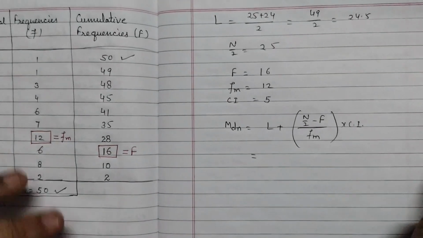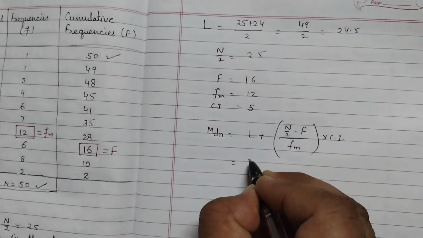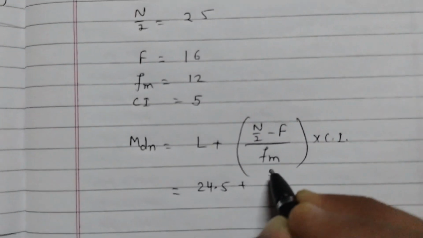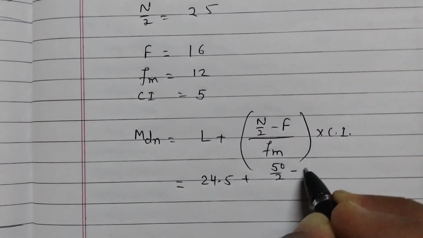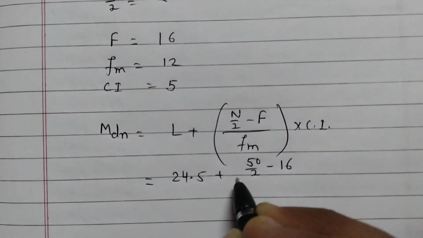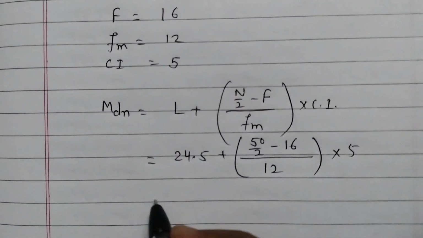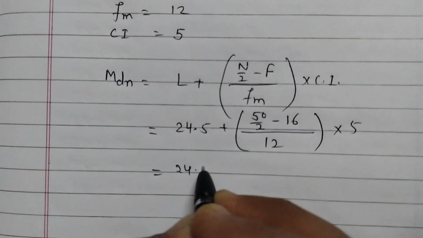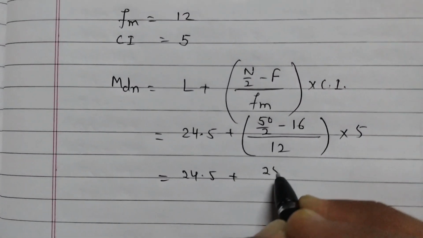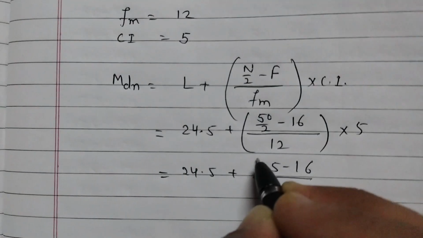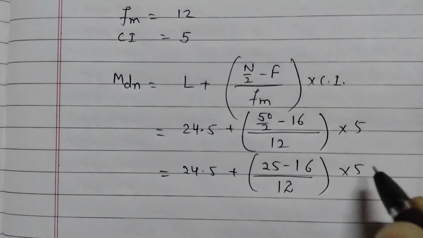Substituting all these values, we have 24.5 plus 50 by 2 minus 16 divided by 12 multiplied by 5, that is 24.5 plus 25 minus 16 divided by 12, whole multiplied by 5.